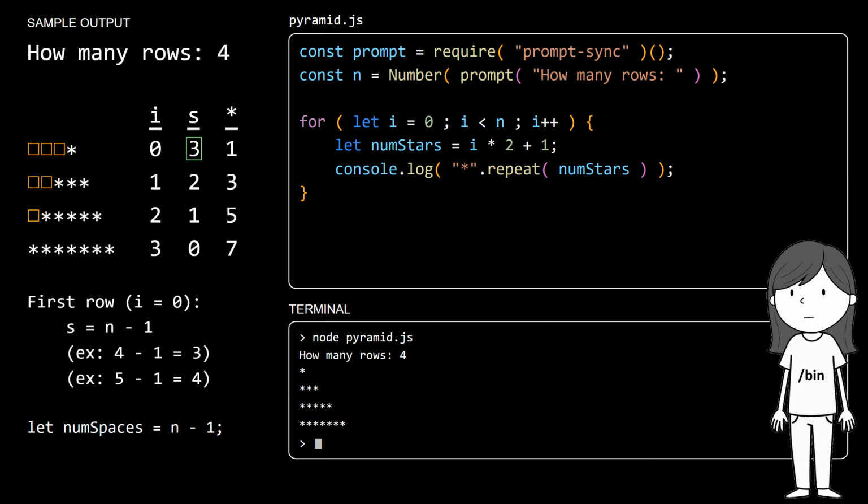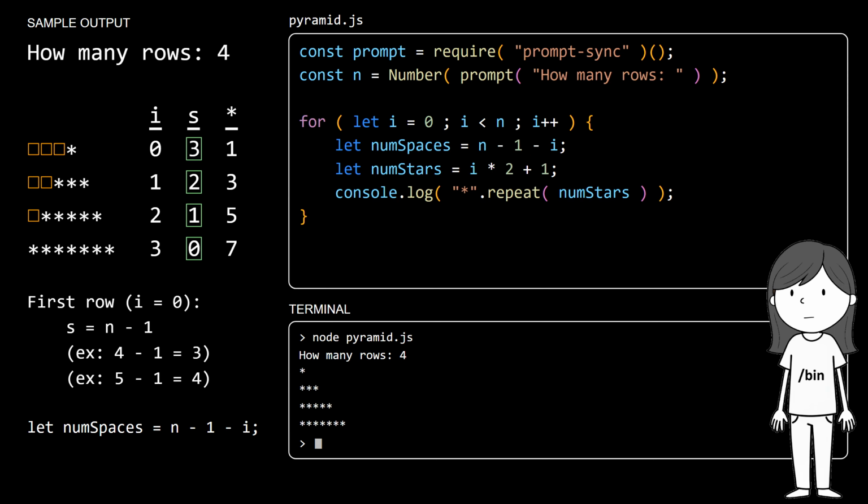Then, as our loop continues and I increases, we need to subtract spaces, subtracting 1 when I is 1, 2 when I is 2, and so on, which means we always want to subtract I from our initial n-1. There it is, we found our expression. Let's put it in the code. We can easily extend our print statement to print the spaces before the stars for each row.